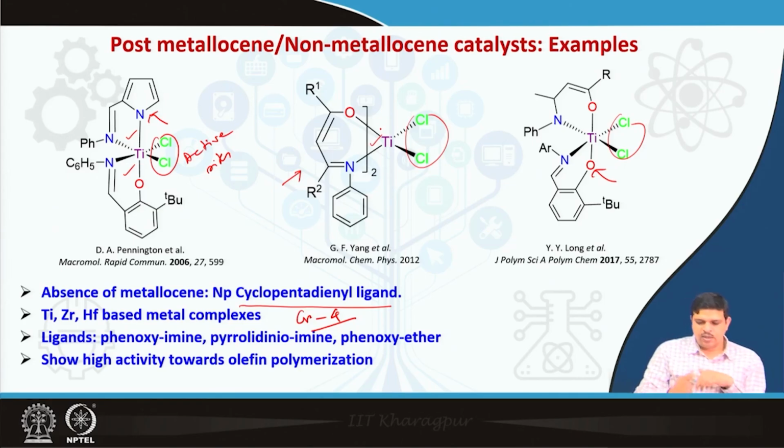This kind of catalyst has also shown good and in some cases high activity towards olefin polymerizations. There are some advantages and disadvantages, but these catalysts are very cost effective, very economic, because there are not really expensive ligands in this one. You can easily prepare them by condensation reactions.